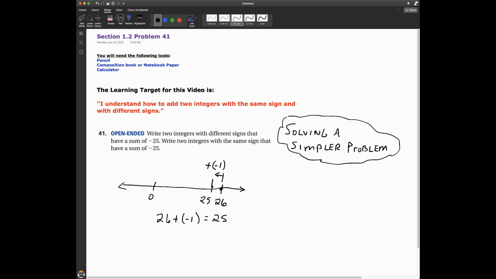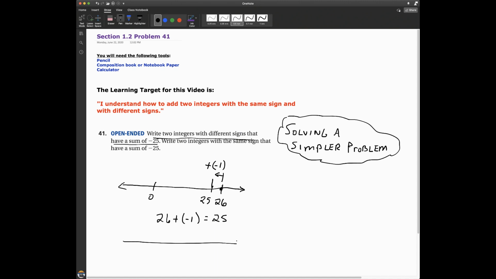All right. Could we apply the same kind of logic to the problem that we have to figure out, which is write two integers with different signs that have a sum of negative 25?